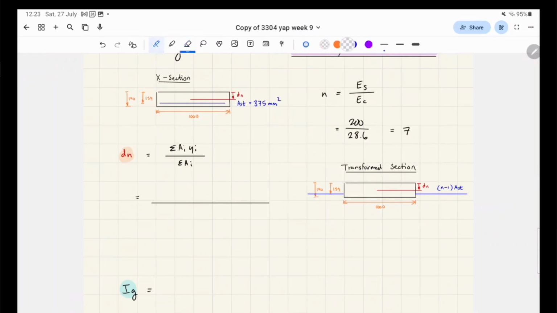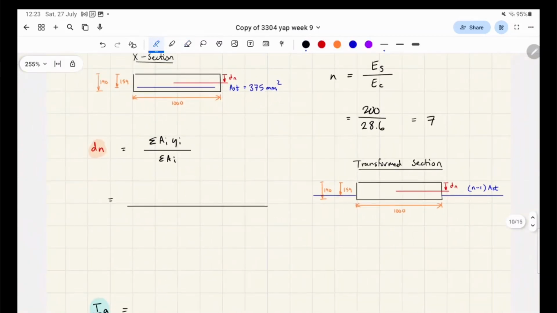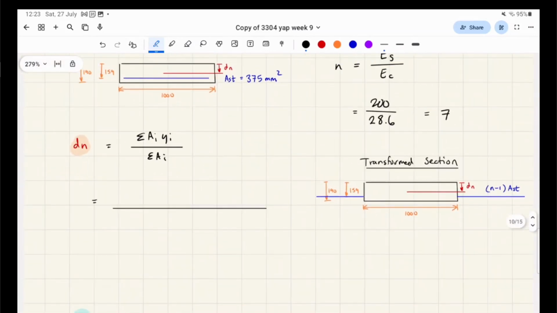What are our areas that you can identify in that drawing? It should be the concrete, so 190 times 1000. What's the depth of that? To the center of it would be 190 divided by 2.